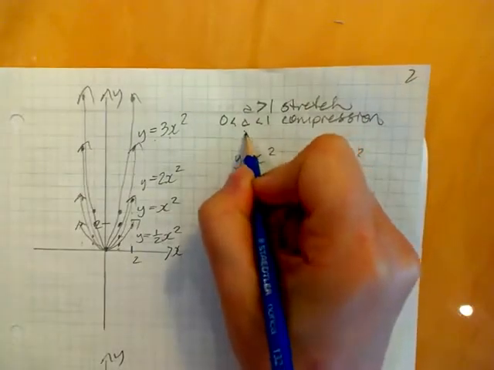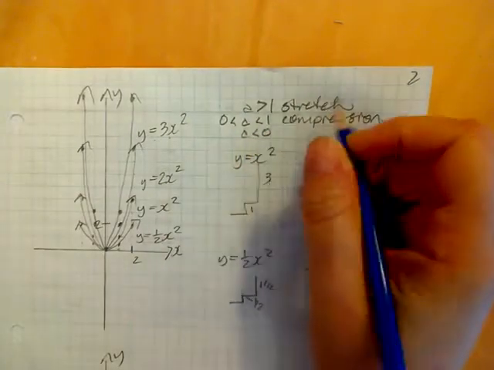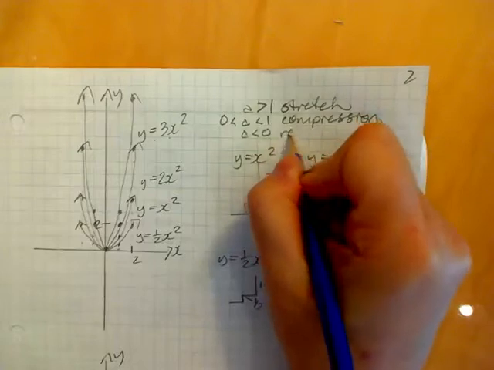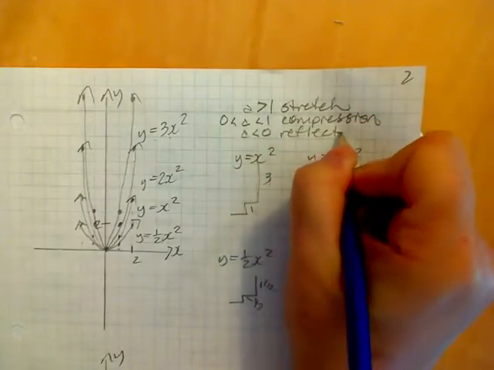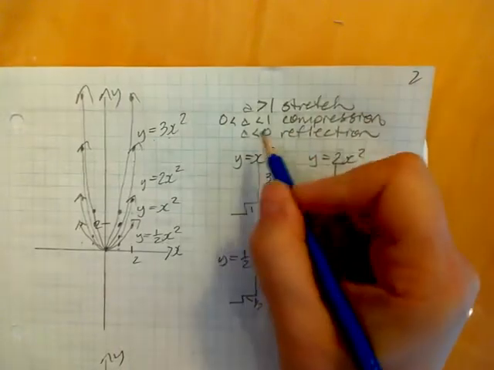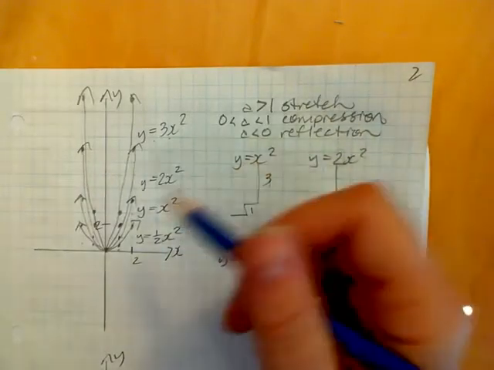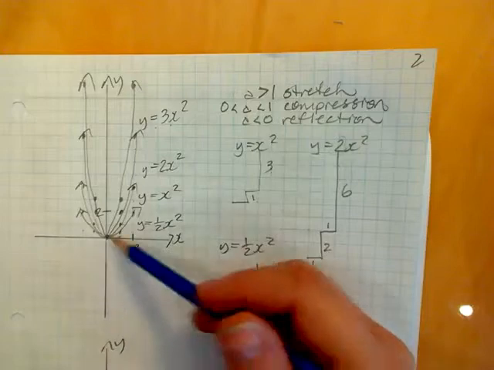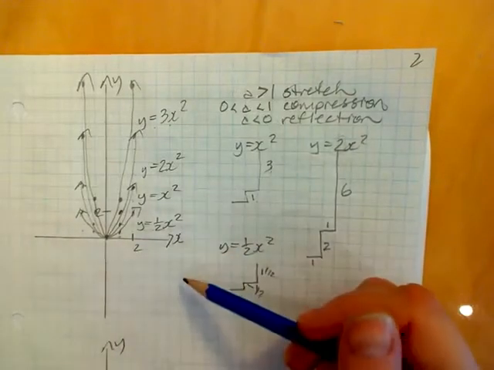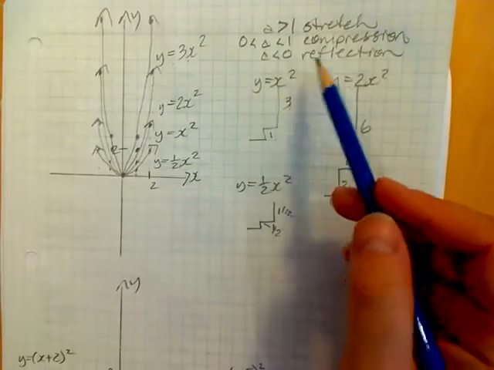And you know that if a is less than 0, it's going to be a reflection and concave down. But whether it's -0.5 or -2 or -6, it's going to tell you how steep or compressed the graph shape is going to be, even though it'll be opening down.